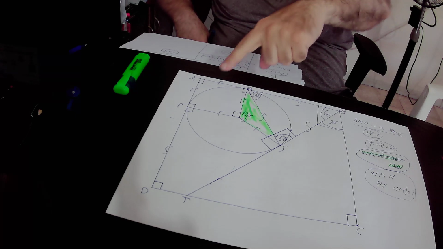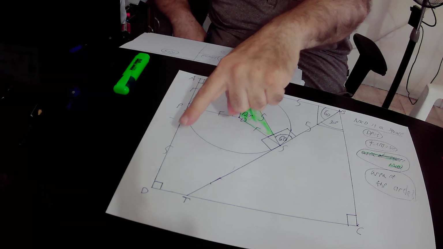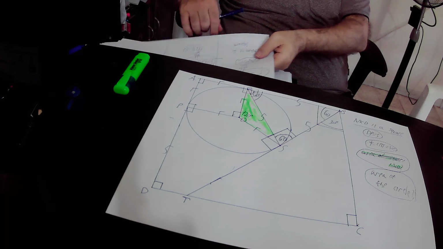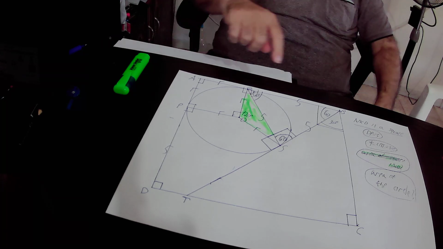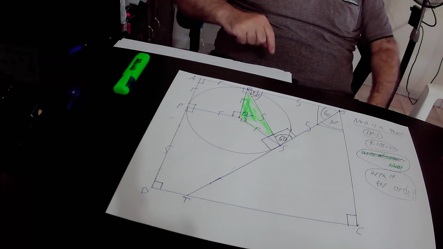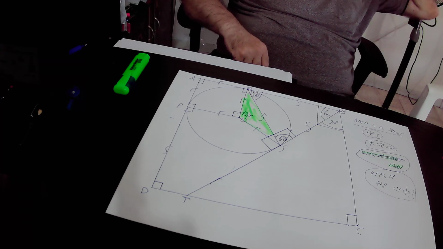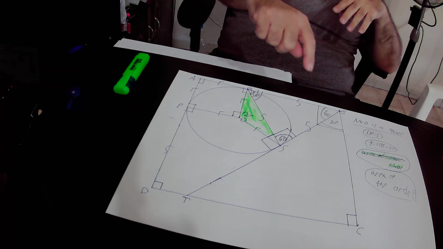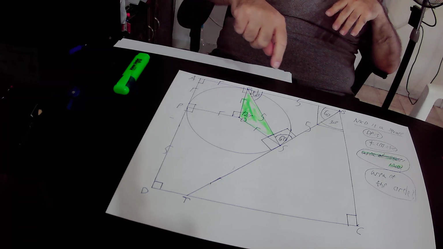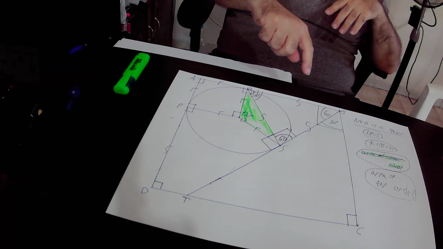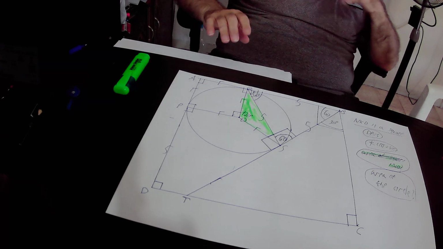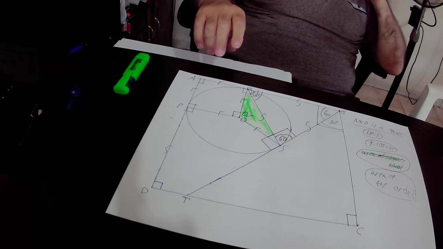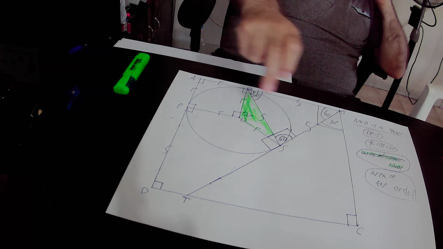We also know that line segment PD equals 5 units. Our mission is to find the area of the circle. I will repeat again. Our mission is to find the area of this circle that is inside square ABCD. Okay, this is our mission, to find the area of this circle.